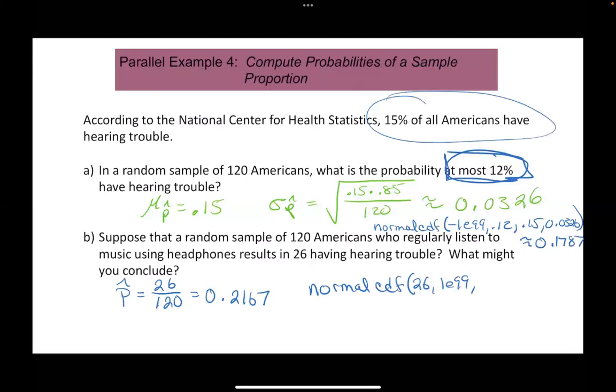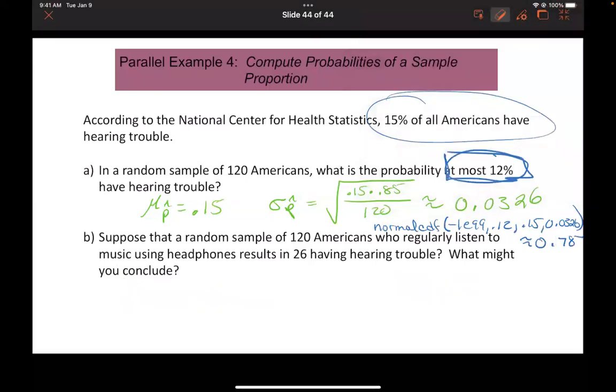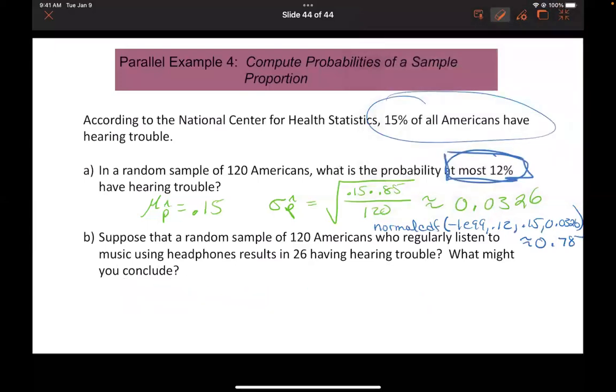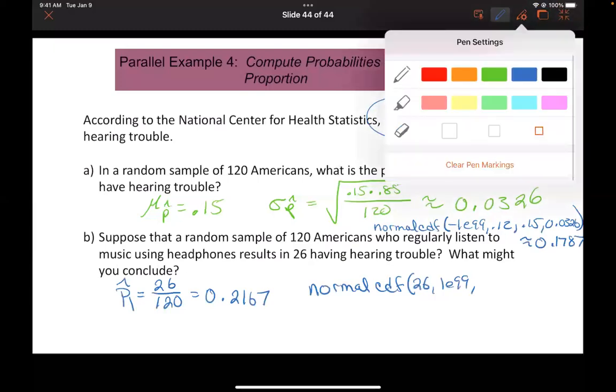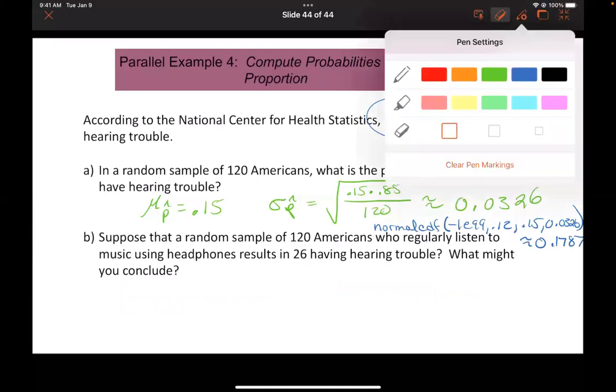Oops, I don't want 26 in there. What am I doing? What did I do? This erased a whole bunch. That was weird. Oh, it came back. That was very weird. I don't know what's going on here. Go ahead.